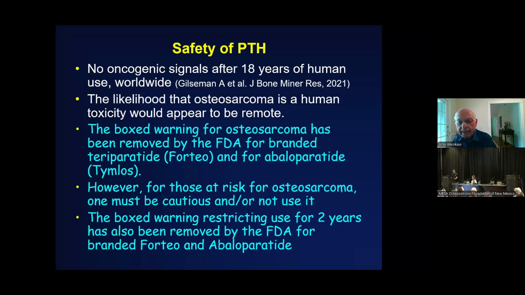We didn't think then, and we don't think now, that osteosarcoma is a human toxicity, and that box warning is now removed, or has been removed for several years by the FDA. Nevertheless, we need to be cautious in those who are at risk for osteosarcoma. So that 2-year proscription has been removed, and so we use our judgment.